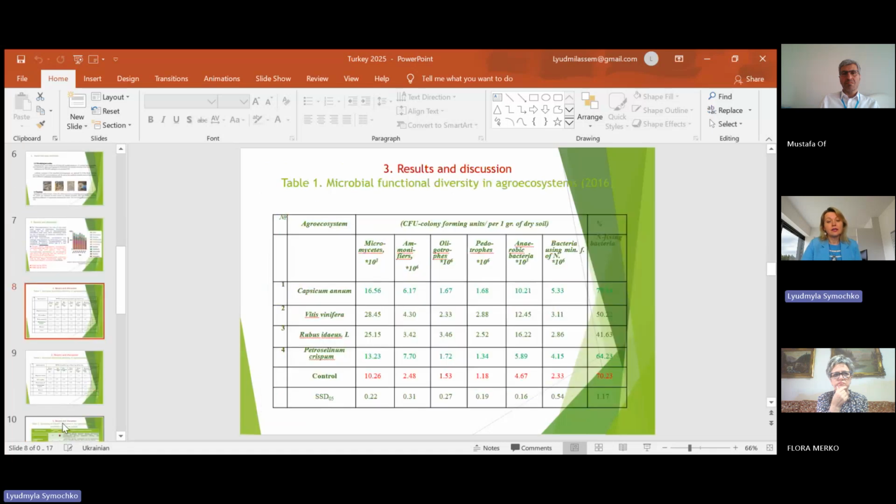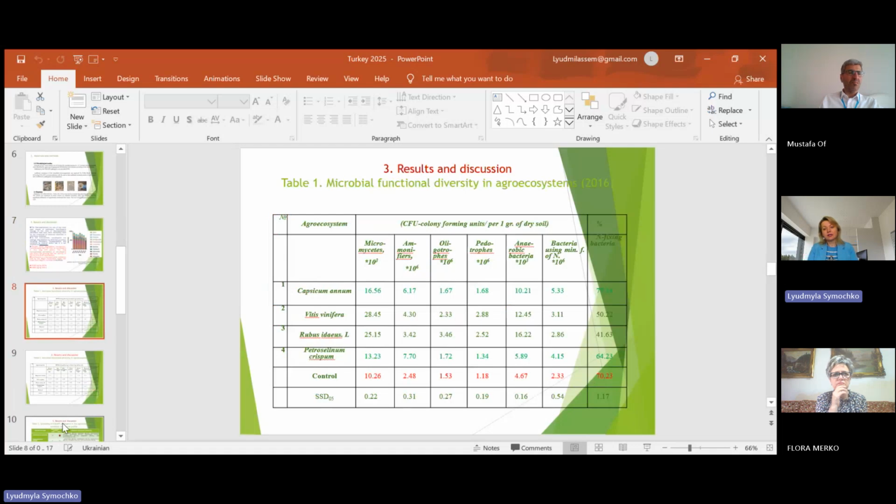Here you can see a table with the functional structure of the soil microbiome. As you can see, the soil microbiome in different agroecosystems, which were contaminated by residues of antibiotics and enrofloxacin, as I told in the beginning, is characterized by different numbers of the main ecological trophic groups.